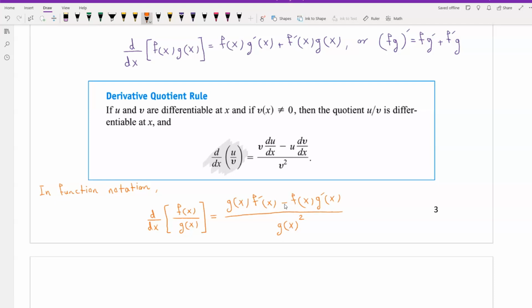So this is what we have in function notation for quotient rule.